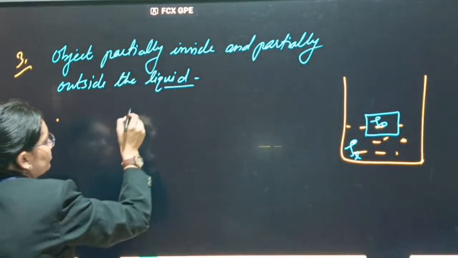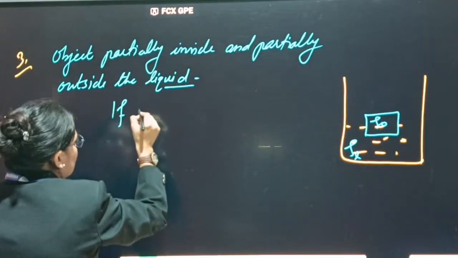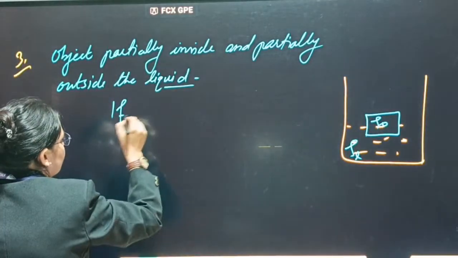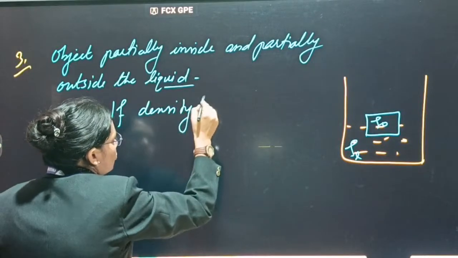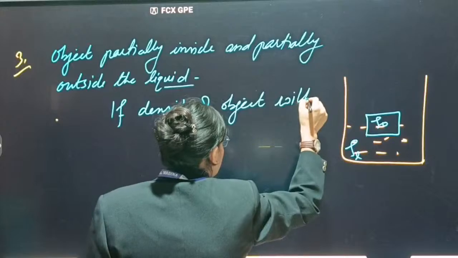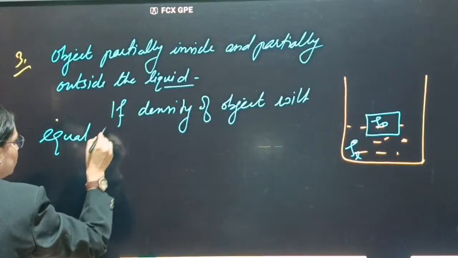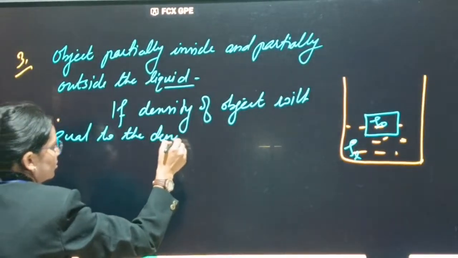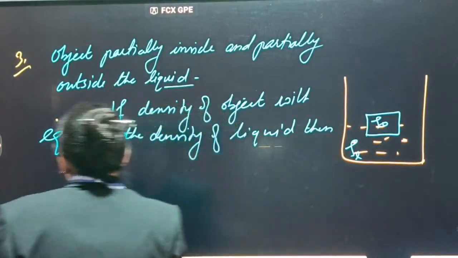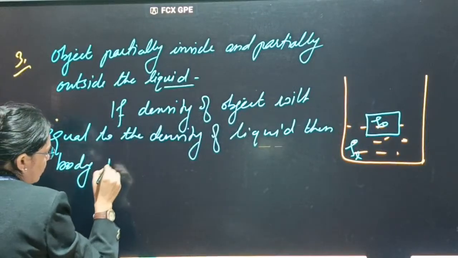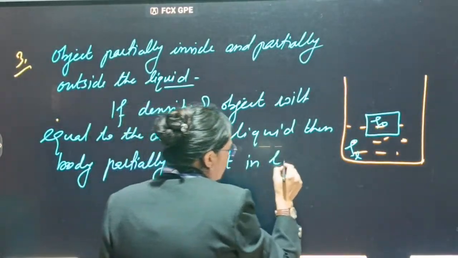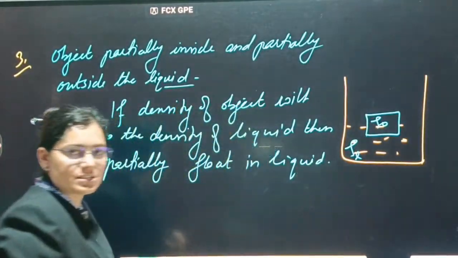In this case, if the density of the object is equal to the density of the liquid, then the object will partially float in the liquid. ओके, पार्शियली फ्लोट करेगा किस केस में?